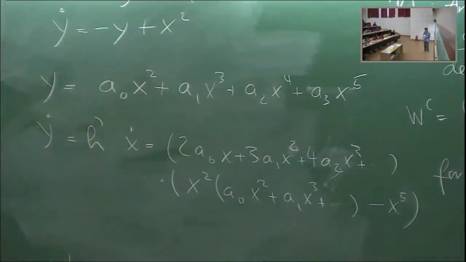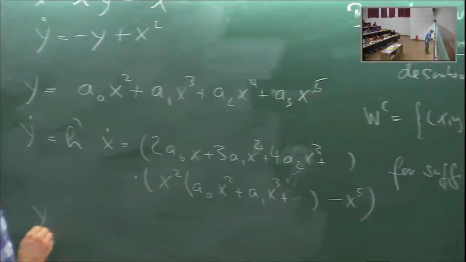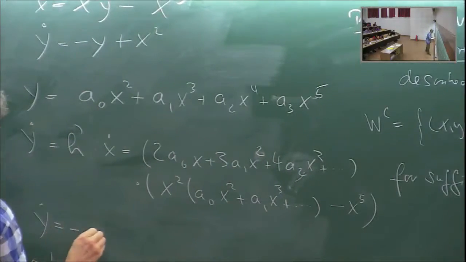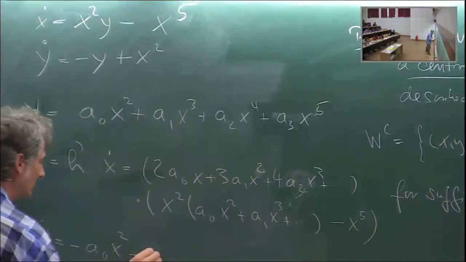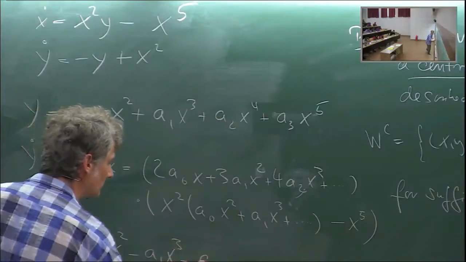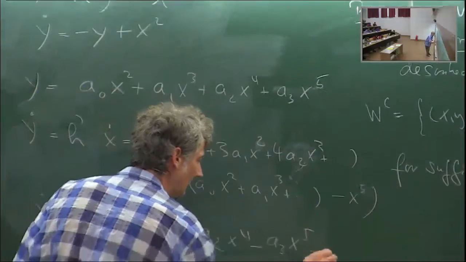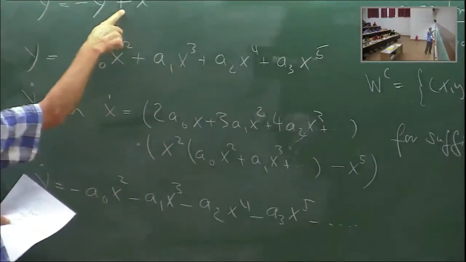And similarly, y dot is given as minus y, so minus h, so minus a naught x squared, minus a1 x cubed, minus a2 x to the 4, minus a3 x to the 5, and so on, plus x squared.